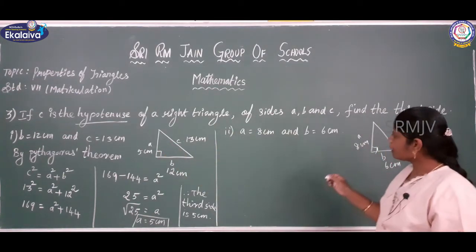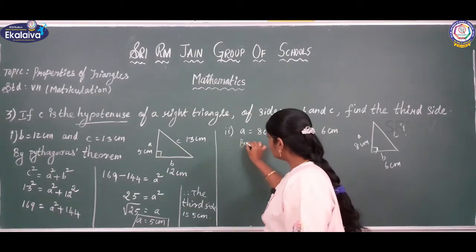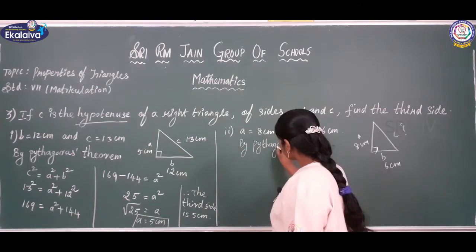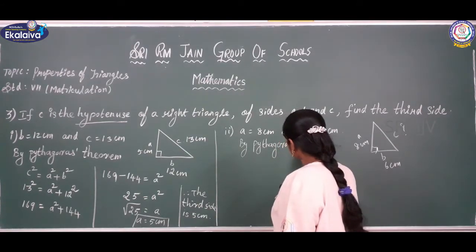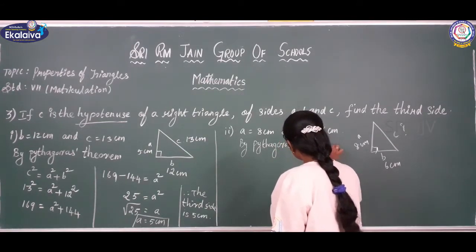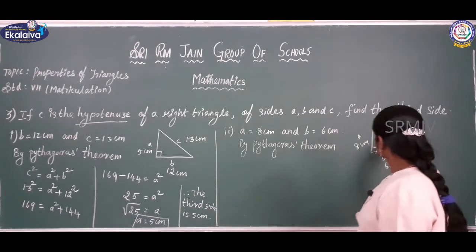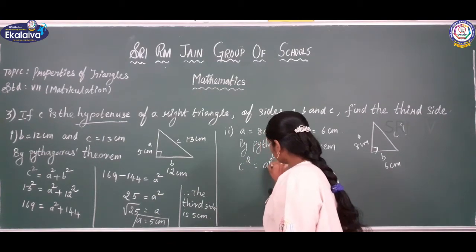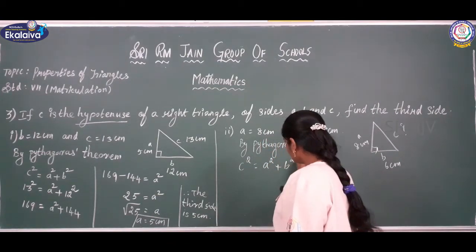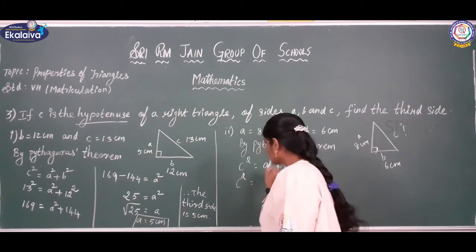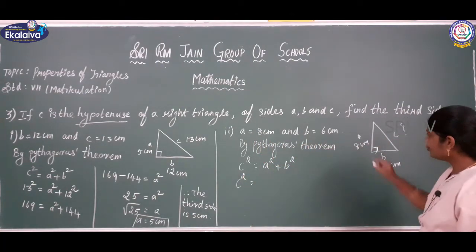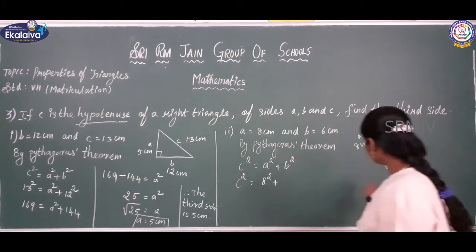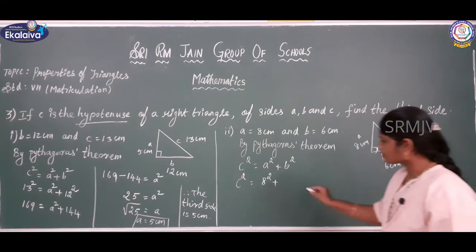Now using the Pythagoras theorem, by Pythagoras theorem, square of the hypotenuse. So C square equal to A square plus B square. So C square we are going to find, just keep it as it is, and A value 8, so 8 square plus B value 6, 6 square.